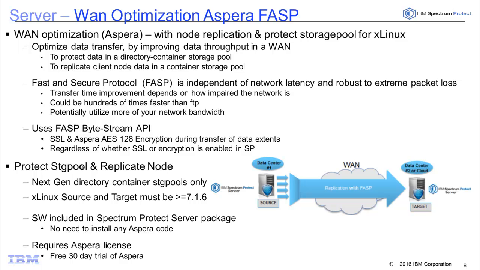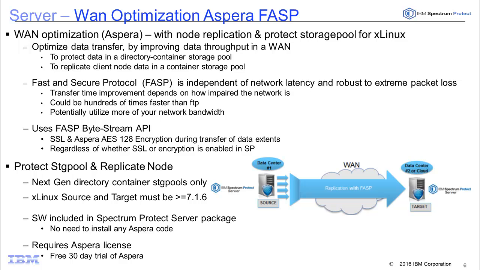Another new enhancement with version 7.16 is our utilization of Aspera FASP to do node replication and protect storage pool on Linux servers. IBM acquired Aspera last year, and Spectrum Protect is one of the first products to integrate this technology directly into the product.